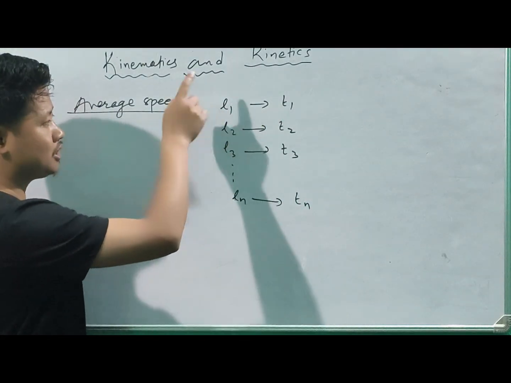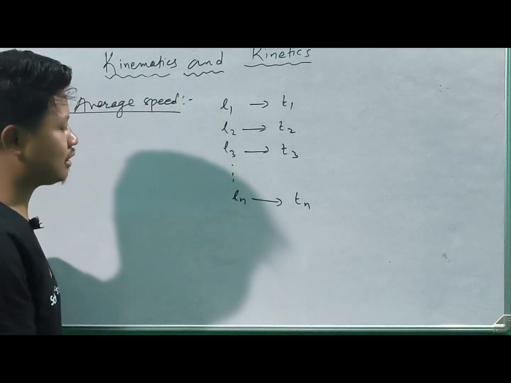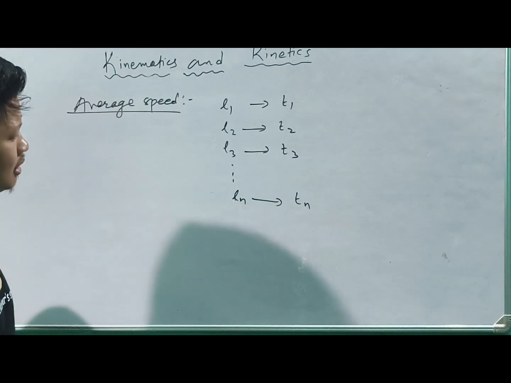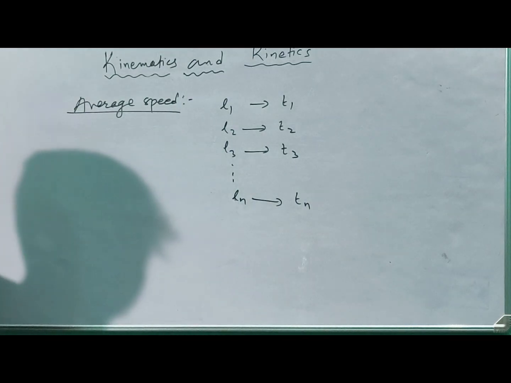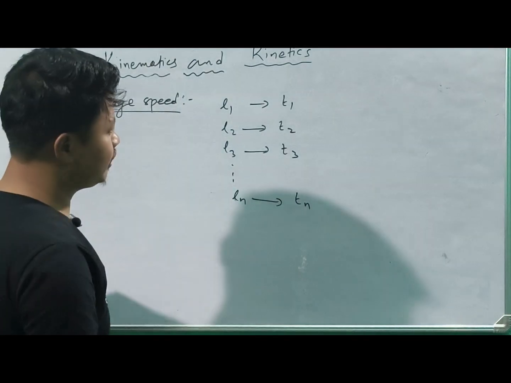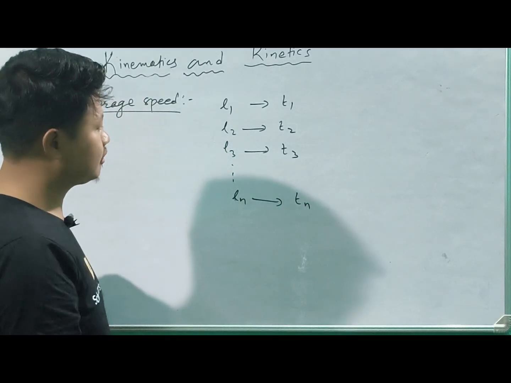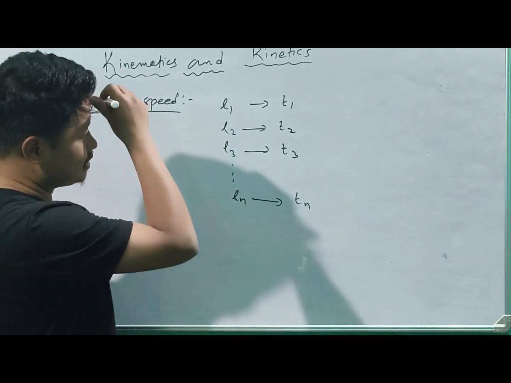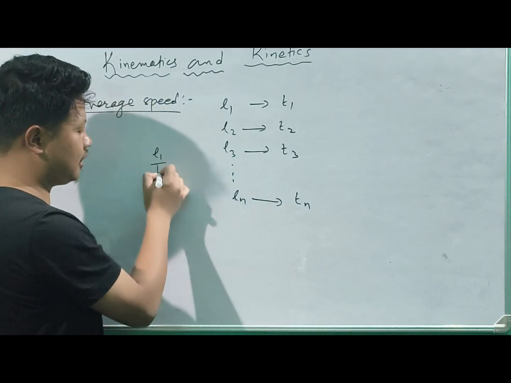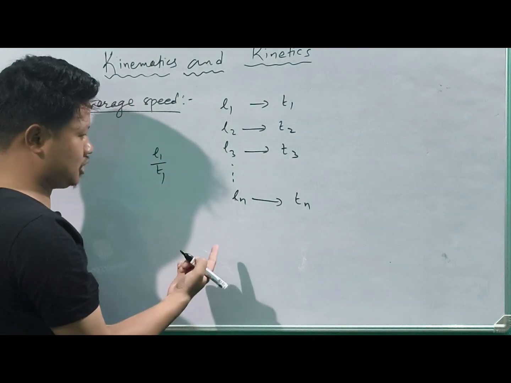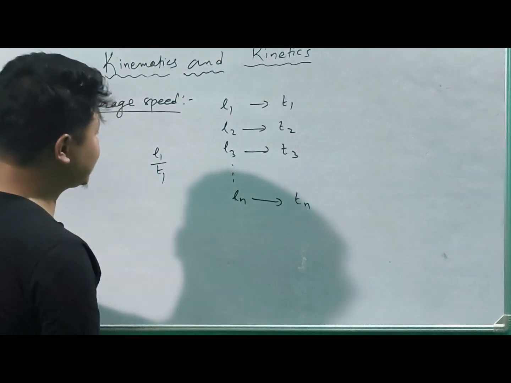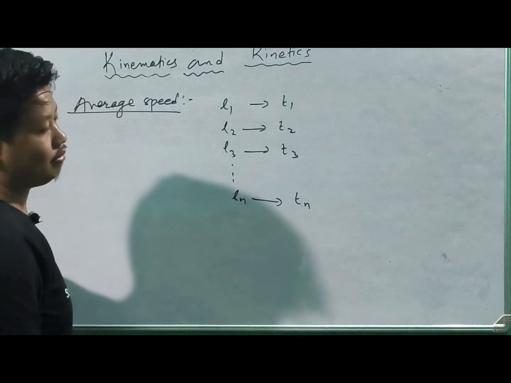In t1 time it covers a distance of L1, in t2 time it covers a distance L2, and similarly. In that case we cannot say the total speed is equal to L1 by t1. It is not the total speed. So in that case we have to use the concept of the average speed.